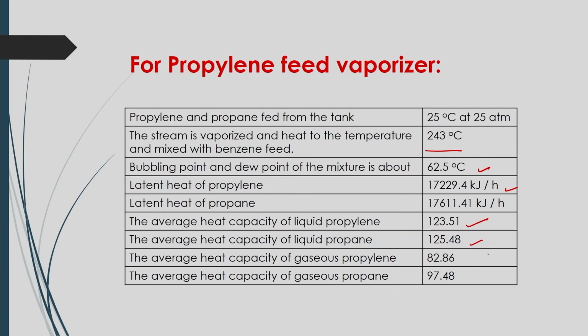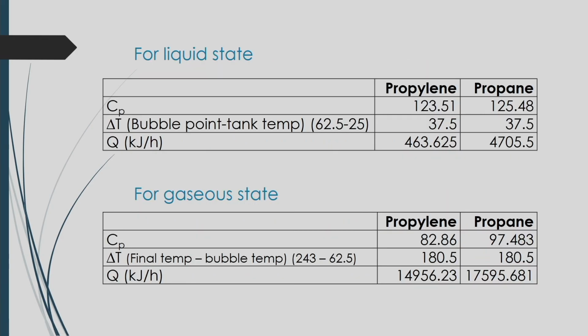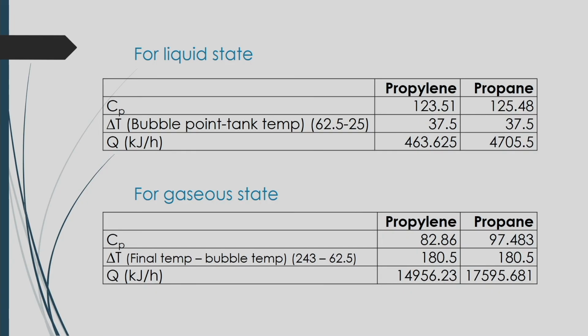The average heat capacity of gaseous propylene is 82.86, and of gaseous propane is 97.48. For the liquid state, the Cp value for propylene is 123.51, whereas for propane it is 125.48.